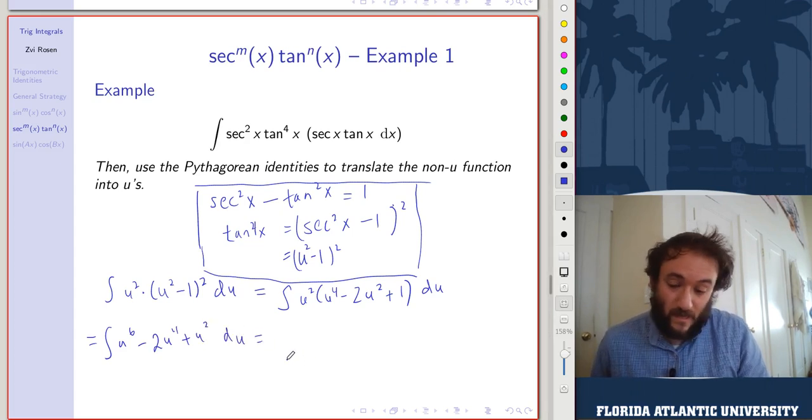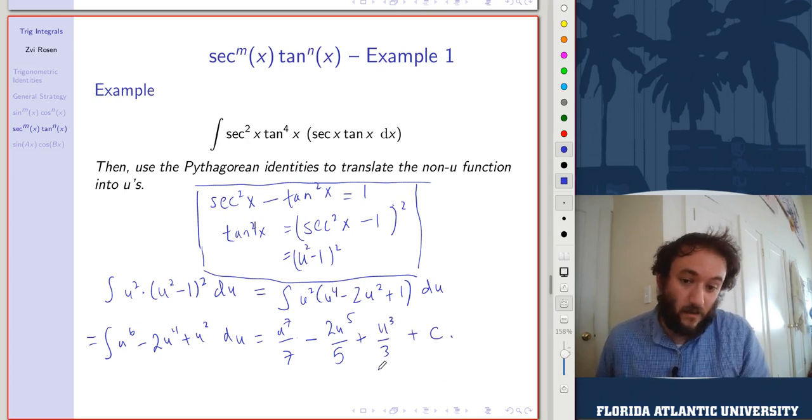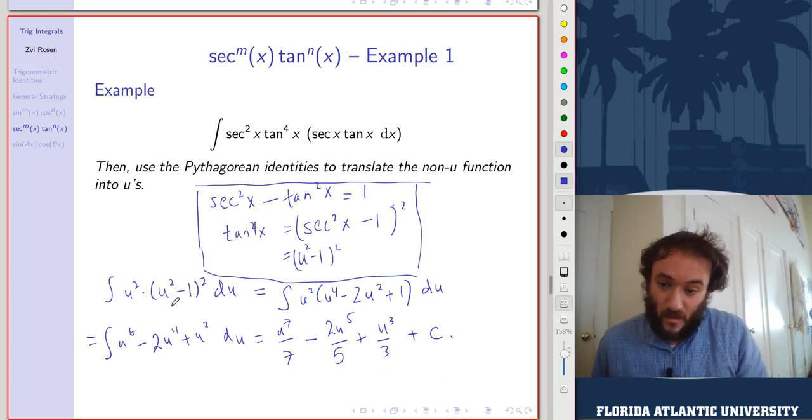And now we can take the antiderivatives. This is u to the seventh over 7. This is just applying the power rule. Minus 2u to the fifth over 5 plus u cubed over 3 plus c, where c is our constant of integration. And now we can plug our u back in.